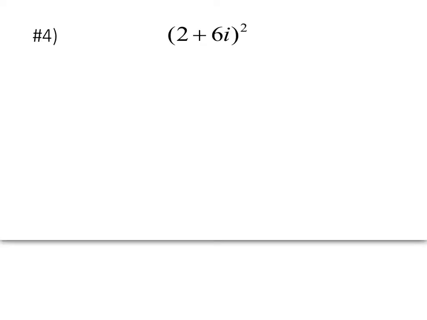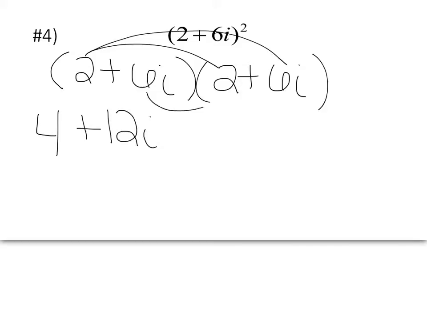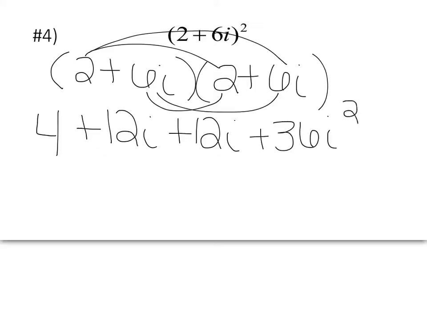Next, we have 2 plus 6i squared. Please make sure that you understand that this is 2 plus 6i times 2 plus 6i. Do not just square both pieces. So you're going to double distribute, giving me 4 plus 12i plus 12i plus 36i squared.